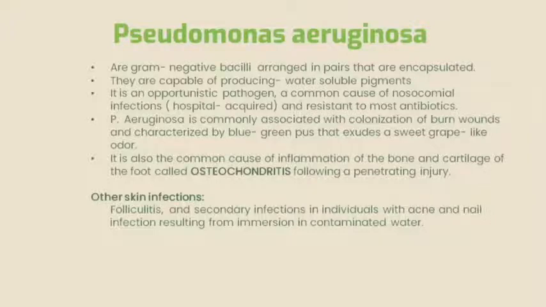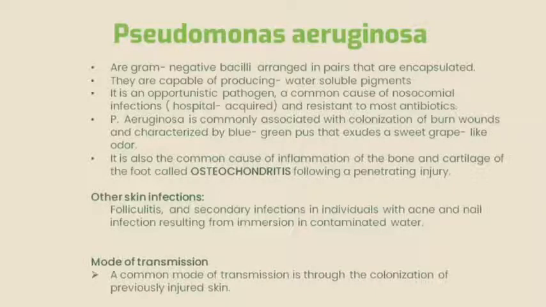It is also a common cause of inflammation of the bone and cartilage of the foot called osteochondritis following a penetrating injury. Other skin infections include folliculitis and secondary infections in individuals with ankle and nail infection resulting from immersion in contaminated water. Mode of transmission: a common mode of transmission is through the colonization of previously injured skin.